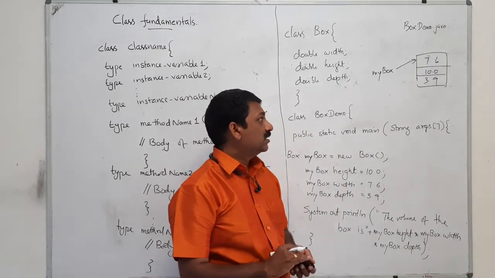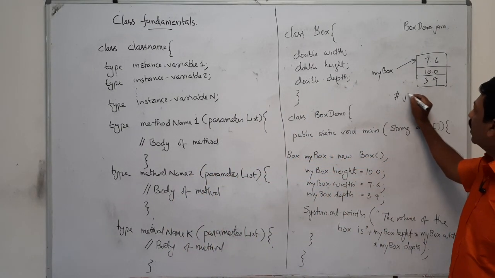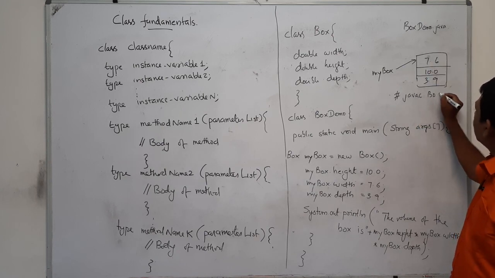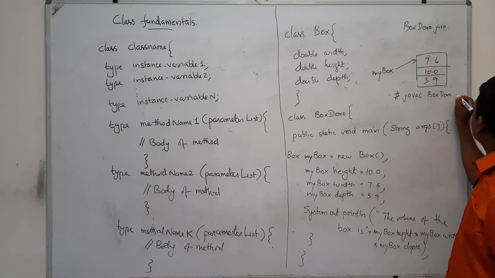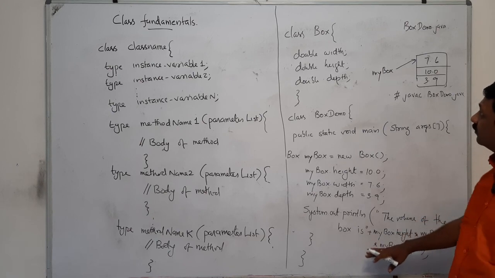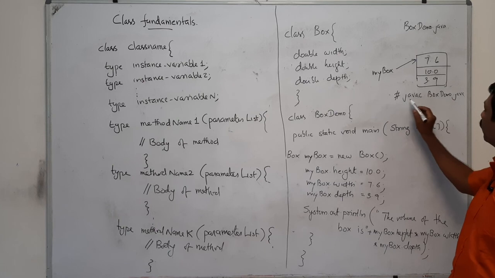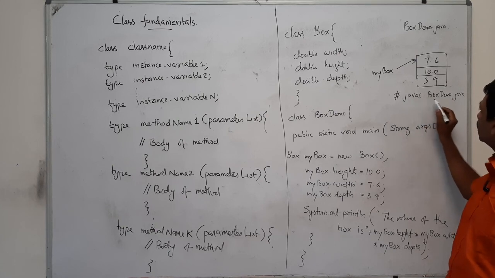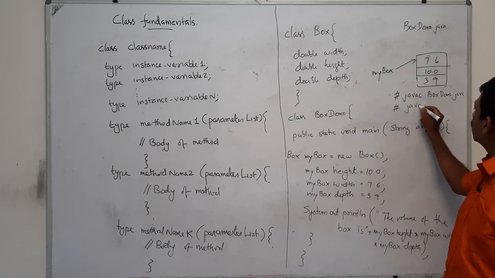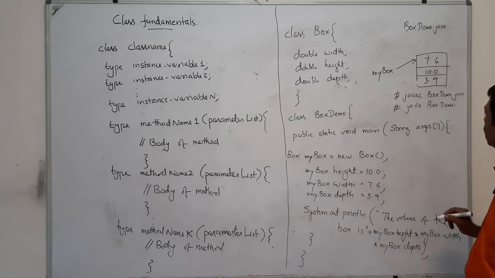Okay. That means how do you execute this program? You have to edit that, and you have to save that file as boxdemo.java, and you have to compile this using the Java compiler, javac boxdemo.java, and after that you have to type java boxdemo.